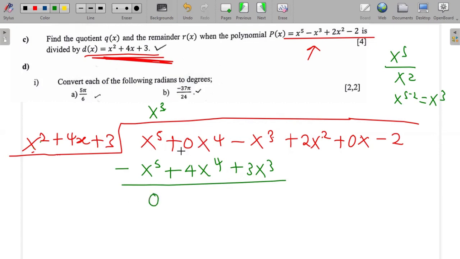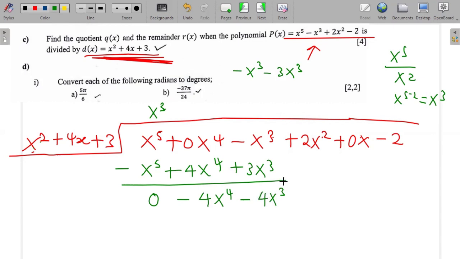Here I have 0 minus 4x to the power 4, so I'm going to get minus 4x to the power 4. And then here I have minus x to the power 3 and then minus 3x to the power 3. So I'll get minus 4x to the power 3.